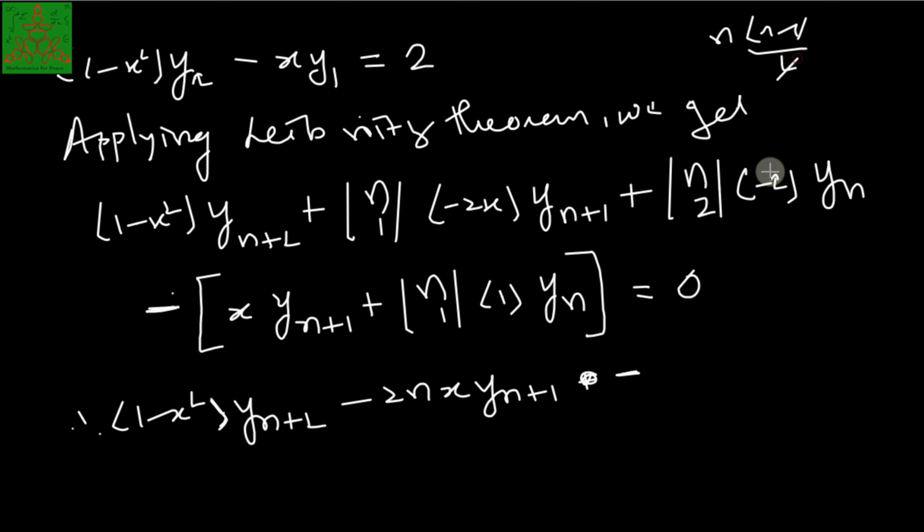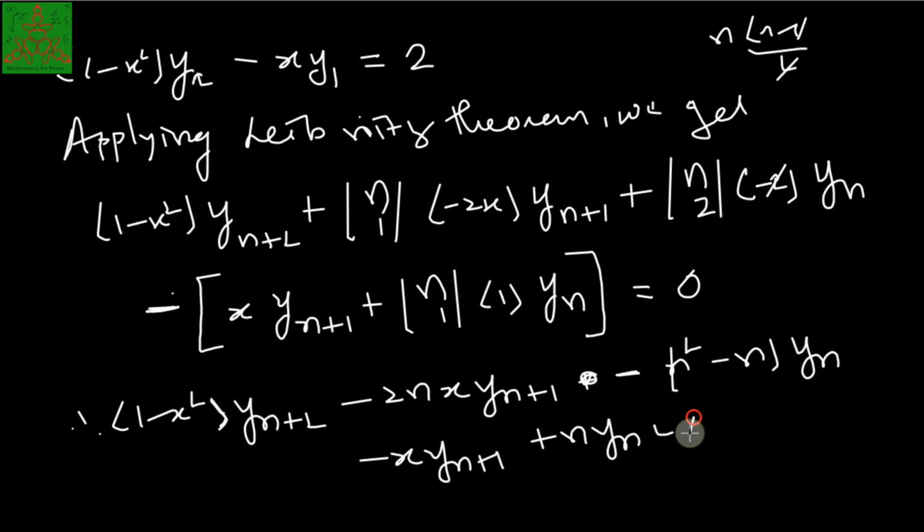So what is left with the minus sign is minus n square minus n. If I take minus common, then we will have this yn. This is minus x yn plus 1 plus n yn equal to 0.